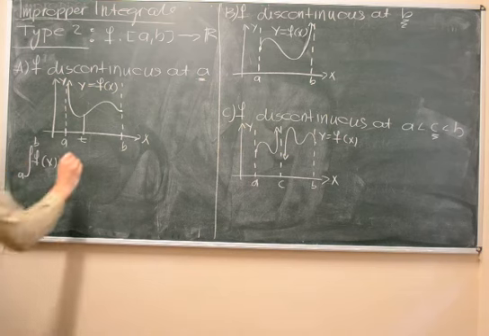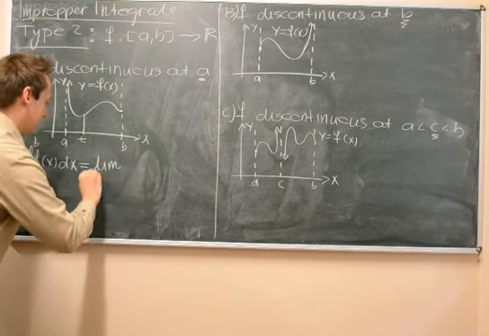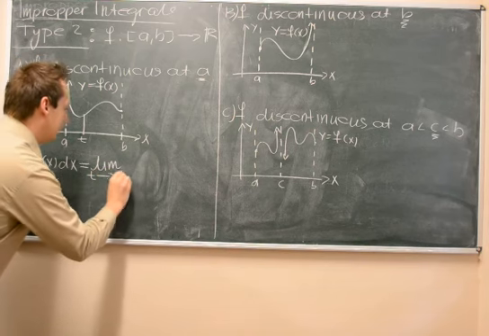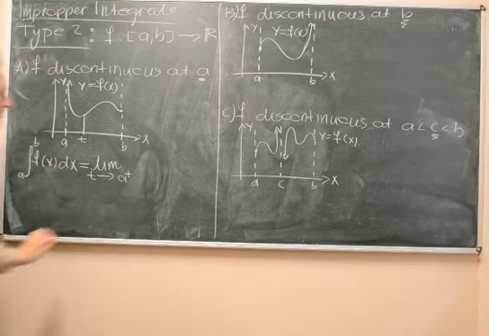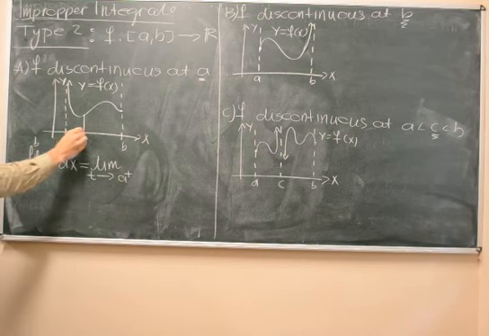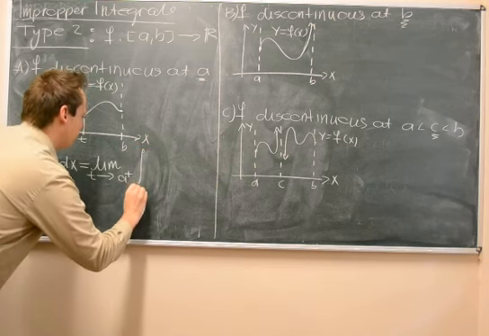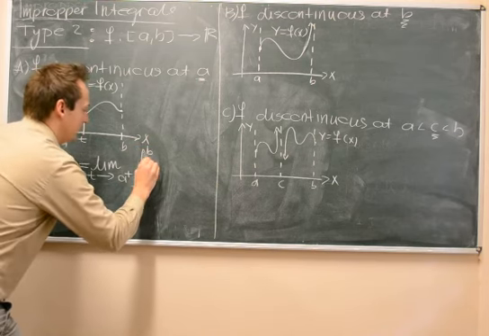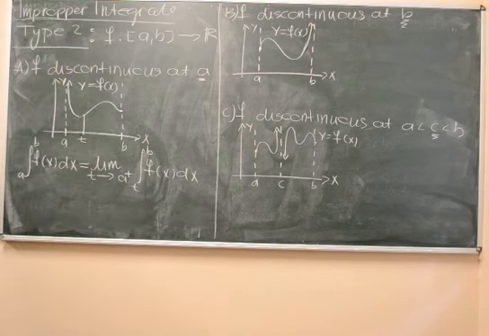So we say this is equal to the limit, and now we're letting t tend to a, and note that we're letting t tend to a from the positive side, because we take t bigger than a, of the integral from t to b of f of x dx.